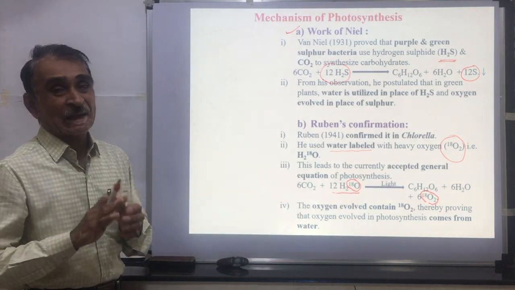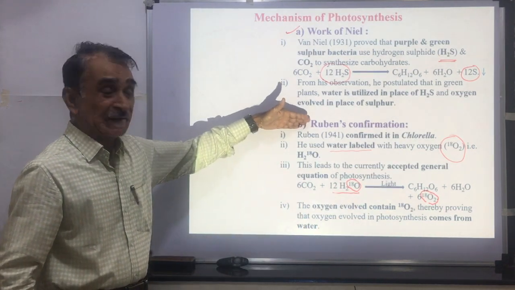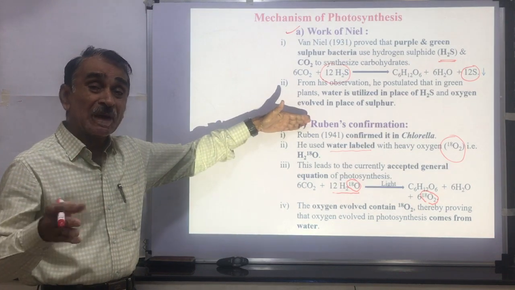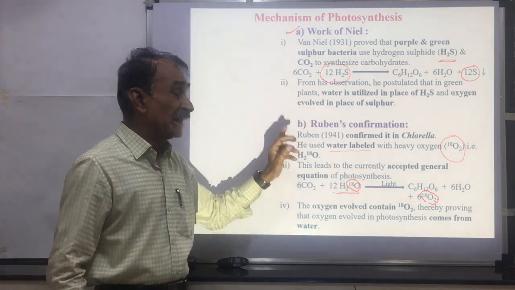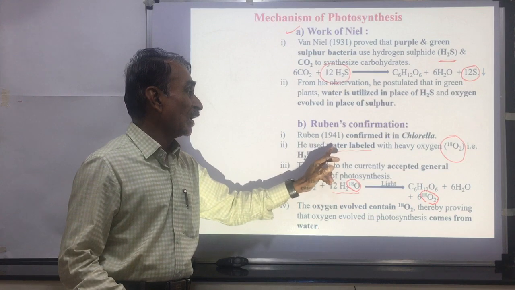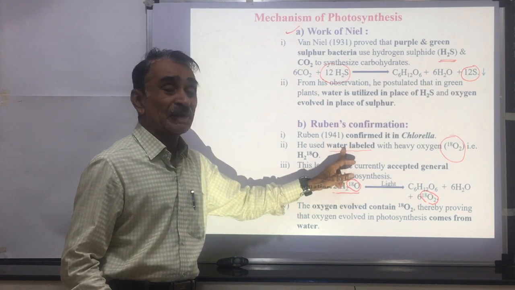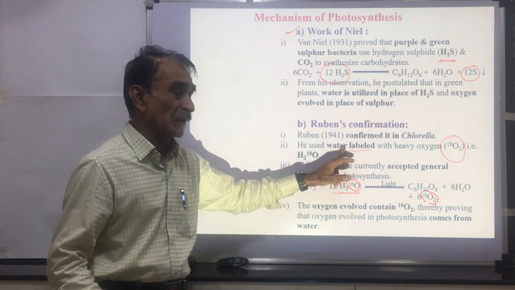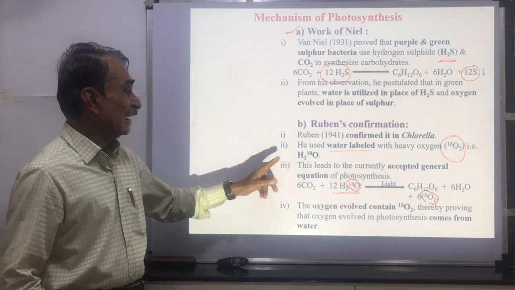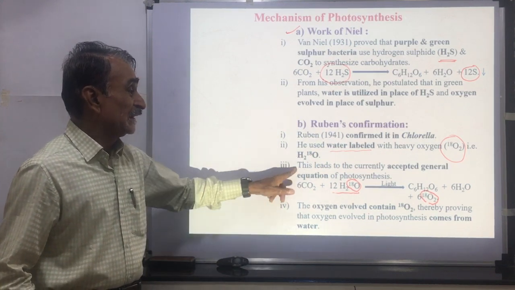This is Ruben's confirmation. Ruben in the year 1941 confirmed it in Chlorella. He used water labeled with the heavy isotope of oxygen, 18O2, that is H2 18O.